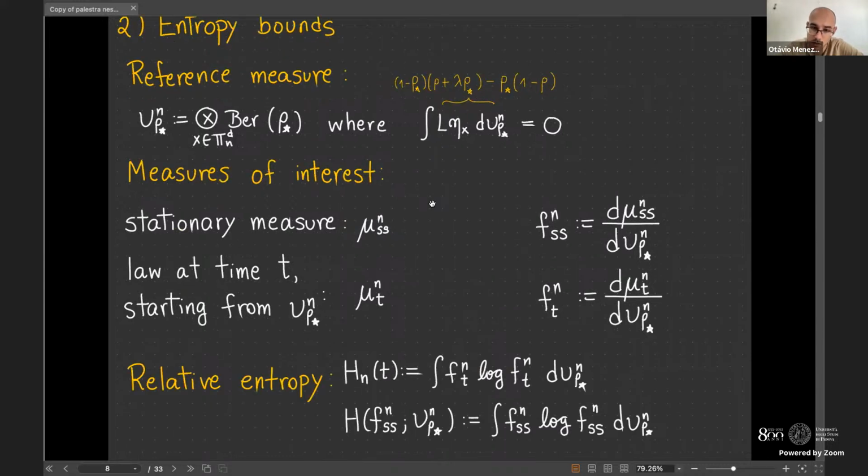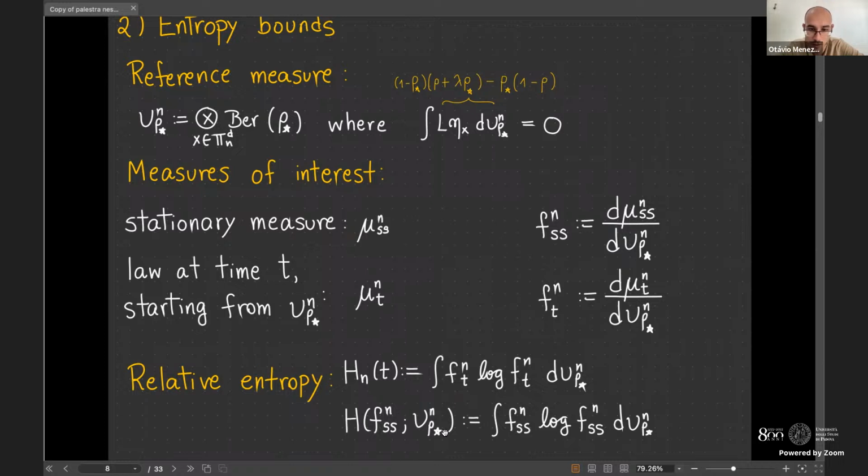And the way we're going to measure closeness is via relative entropy, about which Milton talked a bit in his talk. So we're going to denote by h of t the entropy at time t. This, of course, depends on what the law at time 0 is. So let's say you just start at IID with your final density, and then the density will stay the same throughout the evolution of the chain, but there are some correlations that are going to be formed.